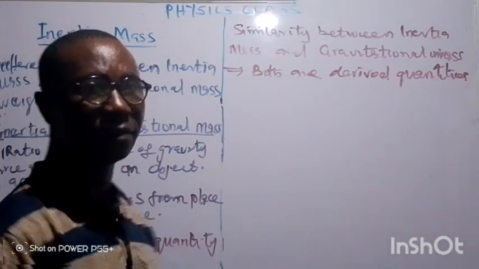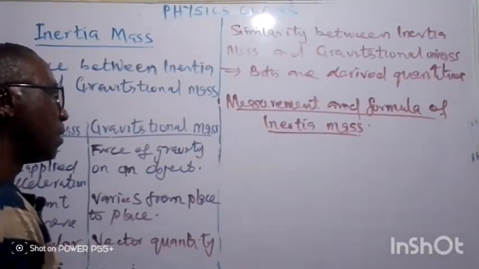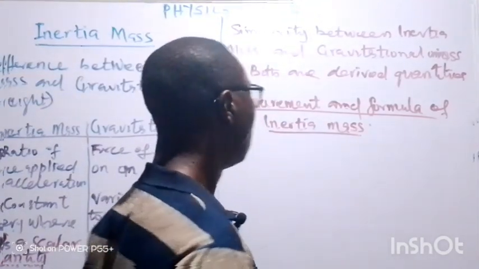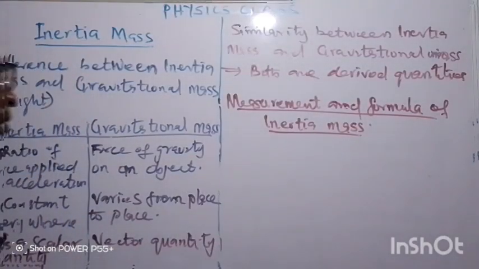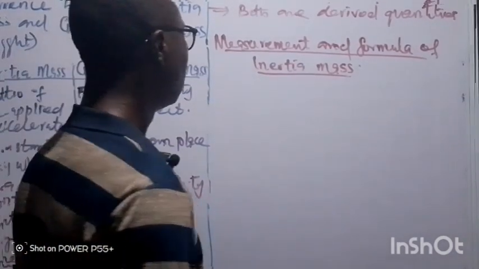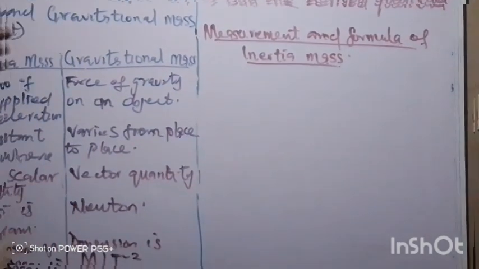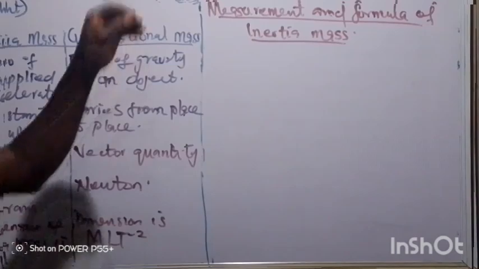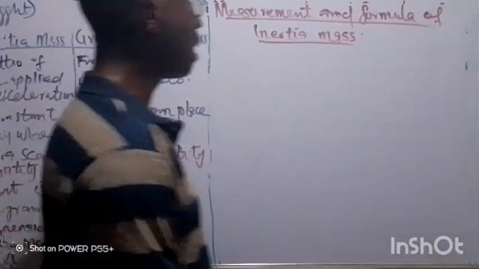Now the next thing is measurement and formulas of inertial mass. What this means is how we can measure inertial mass and the correct formula that we can derive from such measurement.